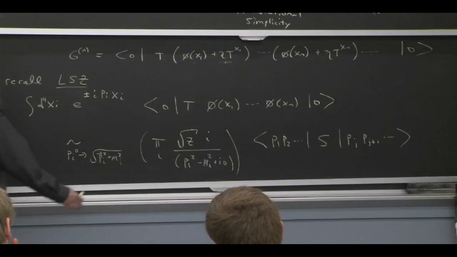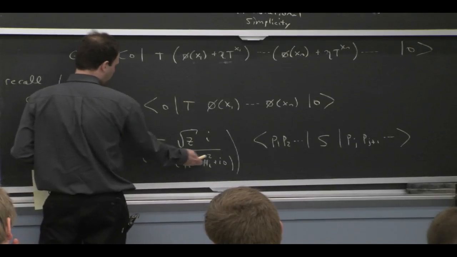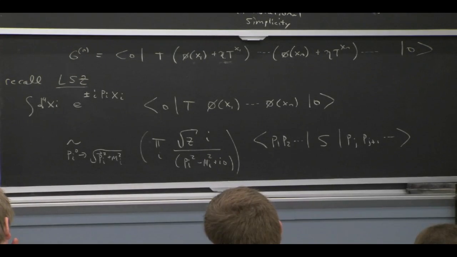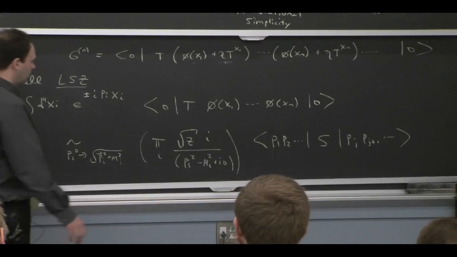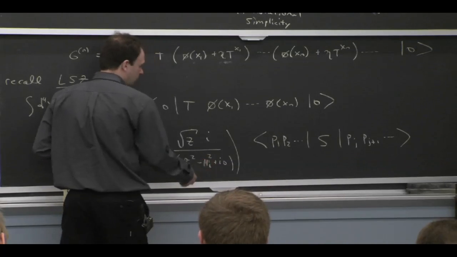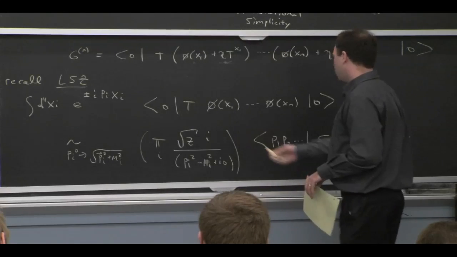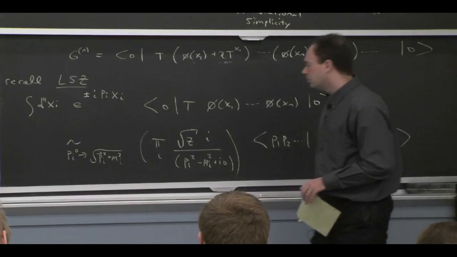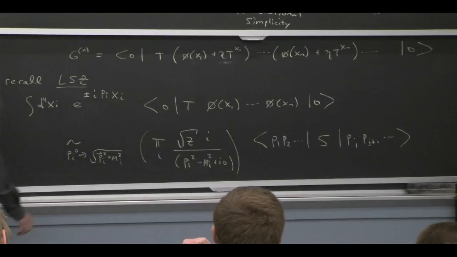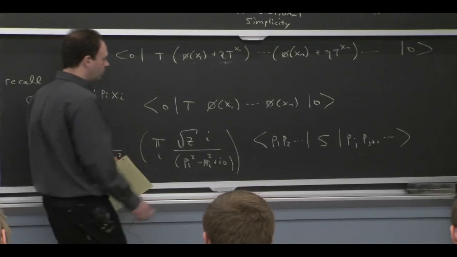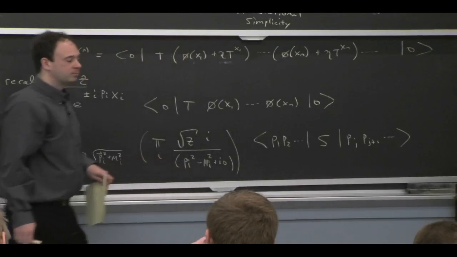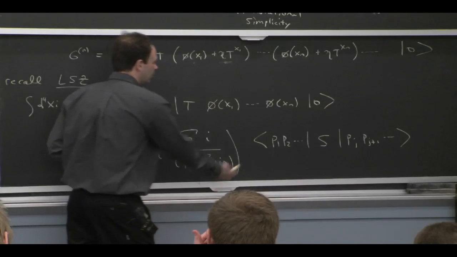So this is a product over all particles, for all the external particles. If I wanted to make this an equality, I'd say plus dot dot dot. There's other terms, and the thing that's observable is the coefficient of these poles, not the z, but this thing.